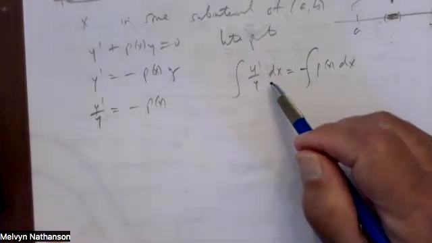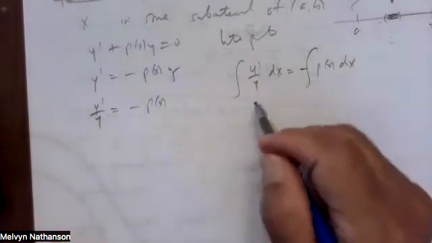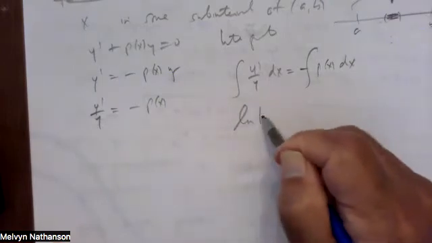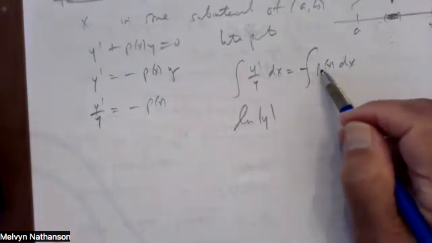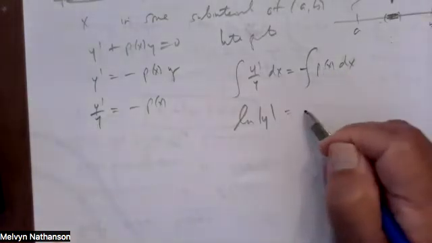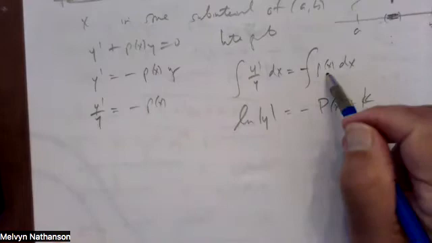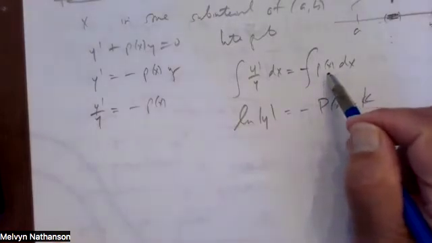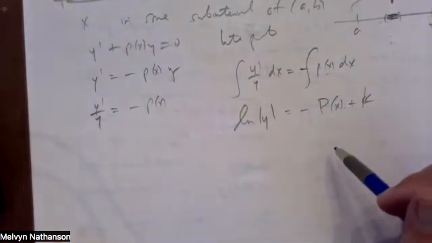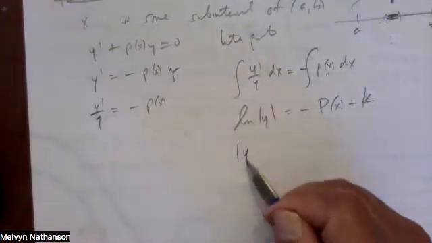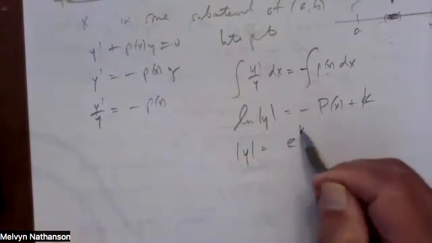And you learn in calculus that the integral of y prime over y is the log of the absolute value of y. And if we let this indefinite integral be capital P, this is minus P of x, plus some constant. P of x is some particular antiderivative of little p of x. So if you exponentiate, you get the absolute value of y is e to the k, e to the minus P of x.